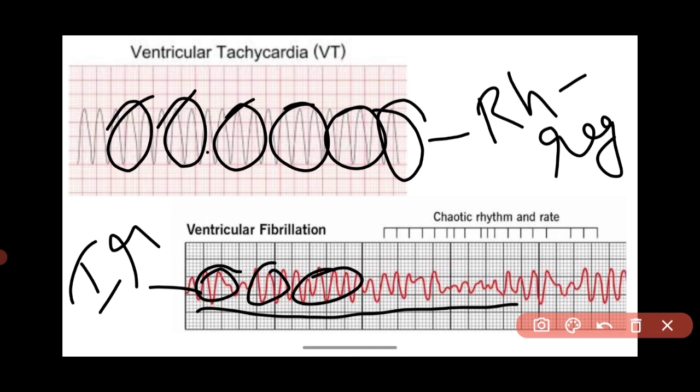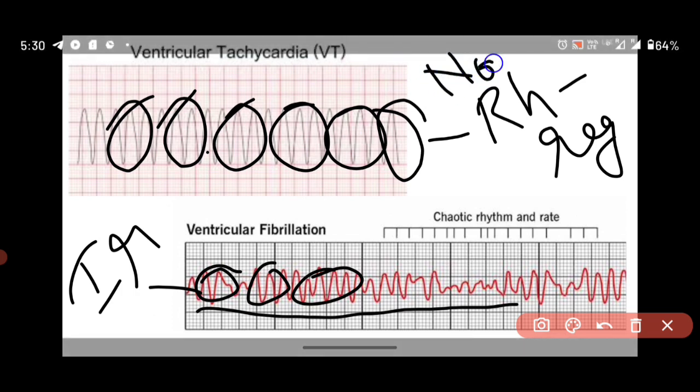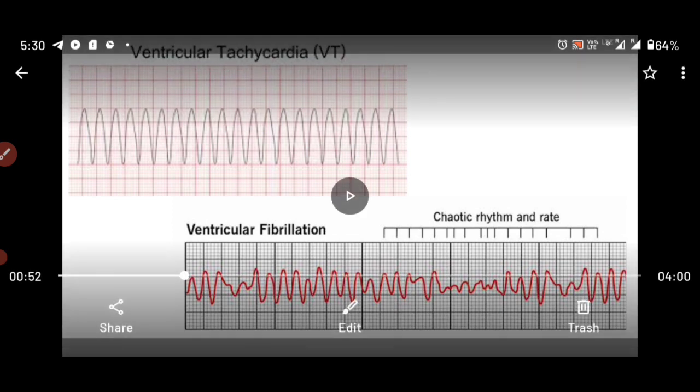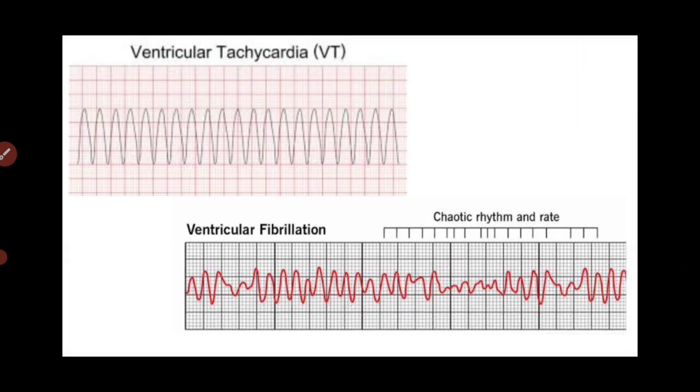And in ventricular tachycardia, no P waves. Same as in atrial fibrillation and atrial flutter, there are no P waves in ventricular tachycardia also. These are the points you have to remember while you are seeing a graph related to ventricular tachycardia.